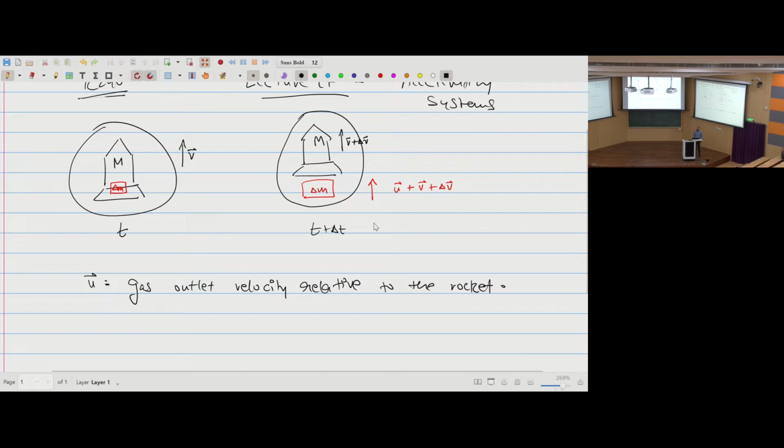Now this gas velocity that is ejected from the rocket is not a function of v. The gases are released relative to the rocket depending on the design of your nozzle, the fuel, the propellant you are using, and these conditions. It's not a function of how fast the rocket is moving. So u will be independent of v.